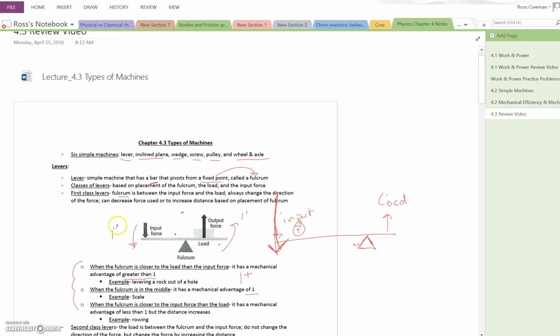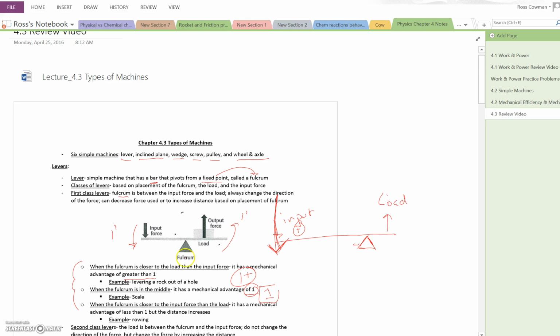Right? So if it travels up and down the same quantity, then the distances are the same, so the forces are going to be the same. So the fulcrum is in the middle, mechanical advantage of exactly 1. This is 1 plus, meaning at least 1, if not like 1.2, 1.3, 4, or 5. Here it is exactly 1.